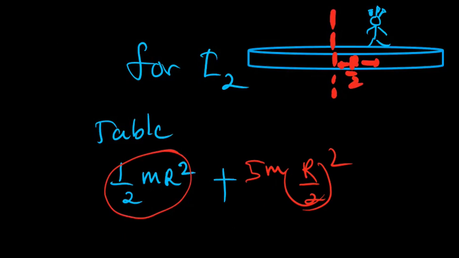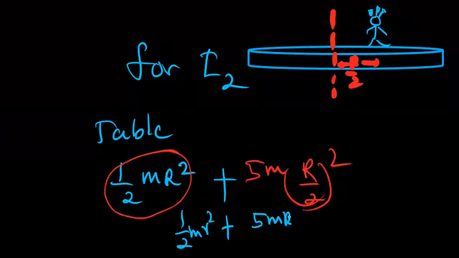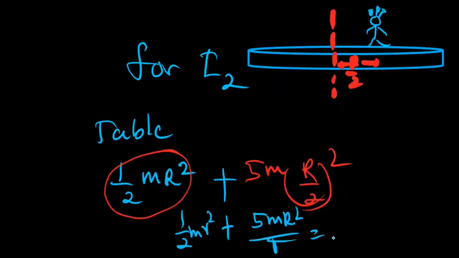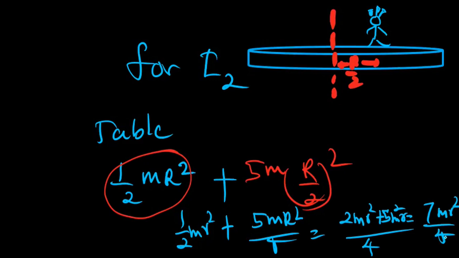So when I simplify this, I get again half mr squared from the table, 5m r squared divided by 4. So I can take the common denominator value as 4. So here I get 2mr squared plus 5mr squared. Once I add these two, I get 7mr squared by 4.